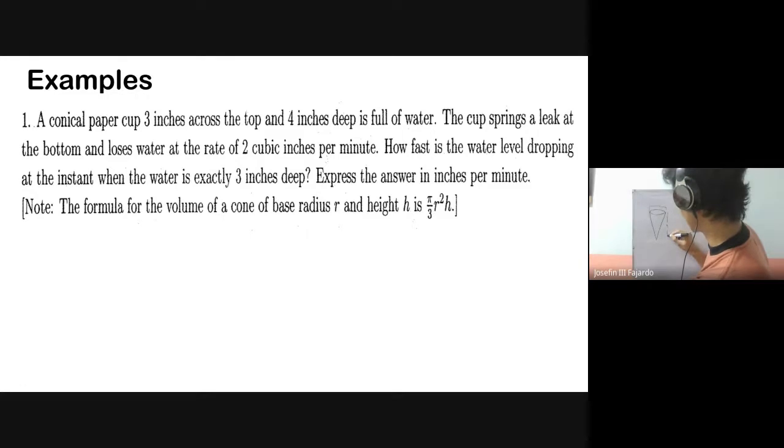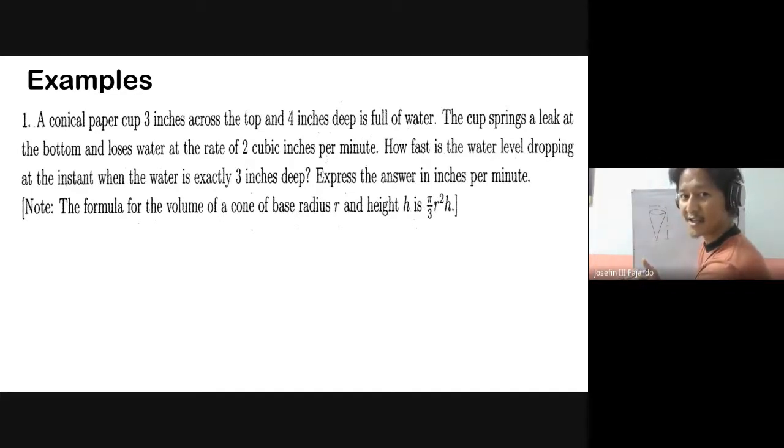Okay, so we can label it as a constant value kasi fix yung height at saka yung diameter ng ating cup. Pero sabi dito, the cup springs a leak at the bottom. Parang may butas dito sa baba, tapos tumatapon daw siya. Okay? So habang tumatapon, from puno siya, magbabawas siya siyempre.